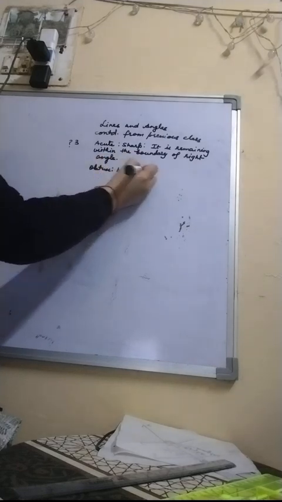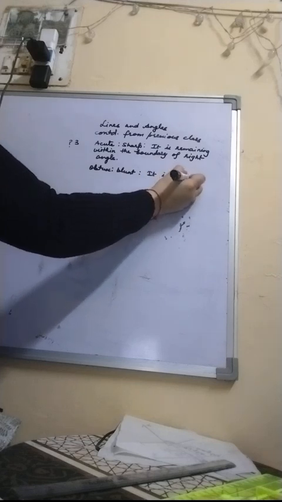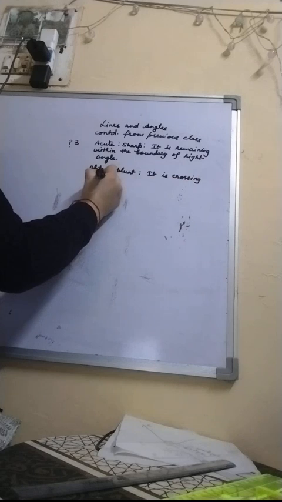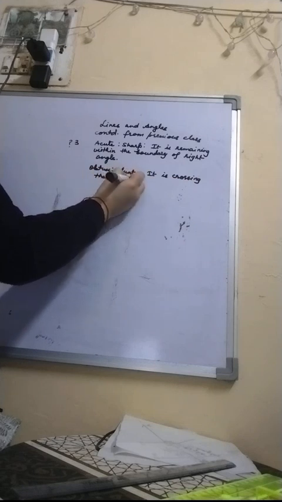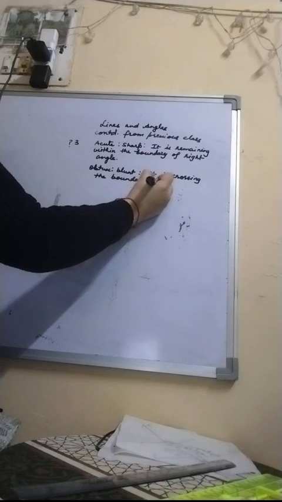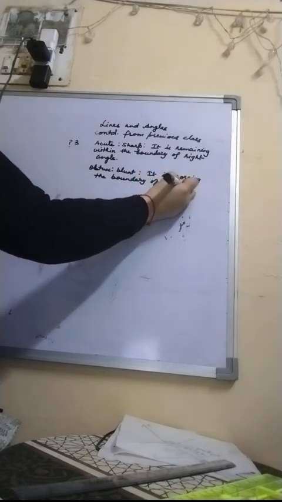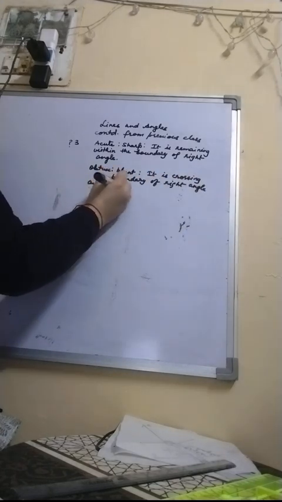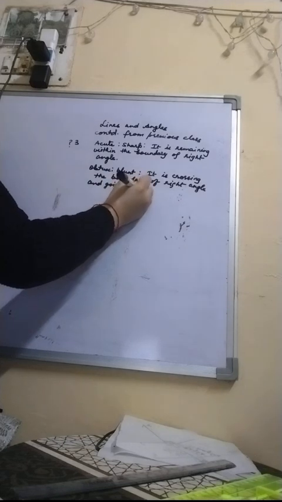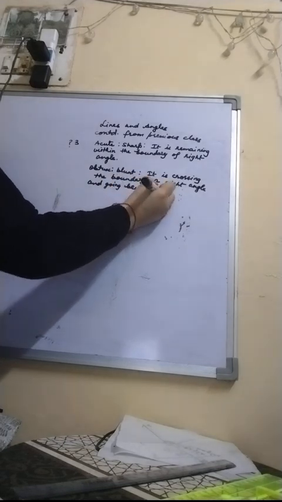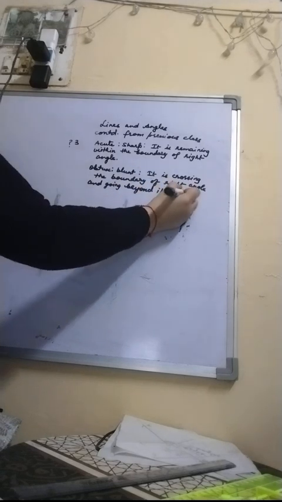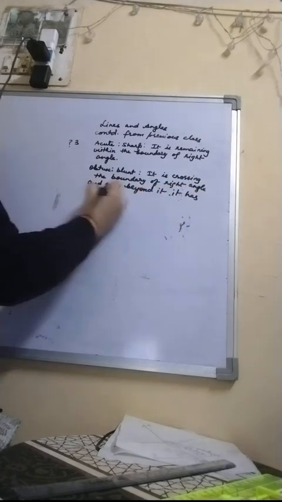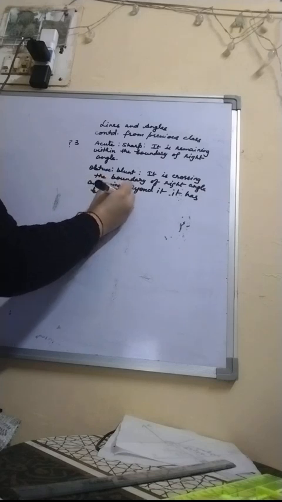It is crossing the boundary of right angle and going beyond it, so it has been named so.